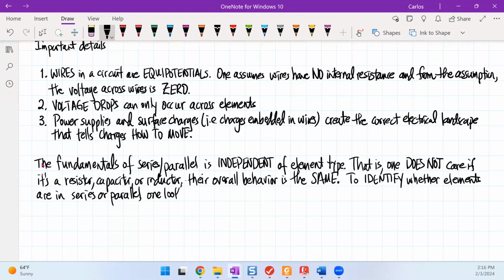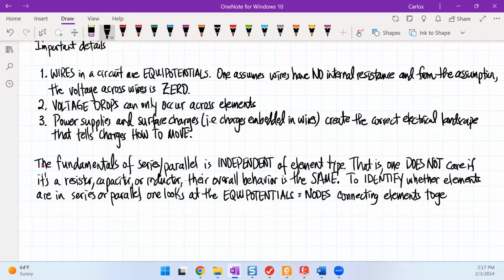One looks at the equipotentials. So when I say equipotentials from now on, I'm going to call them nodes. So equipotentials on nodes are the same. So one looks at the nodes connecting elements together.